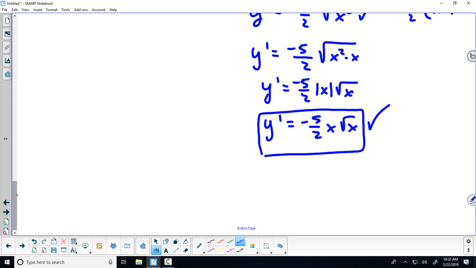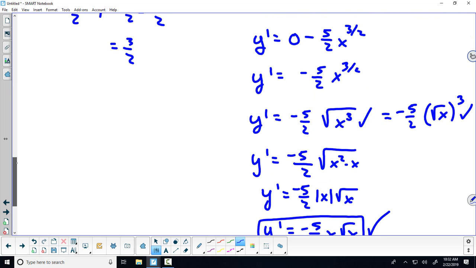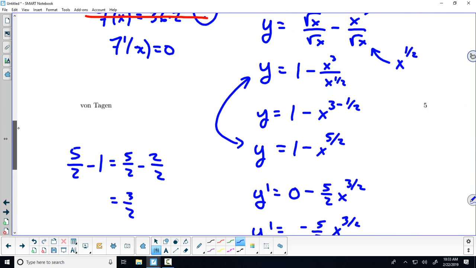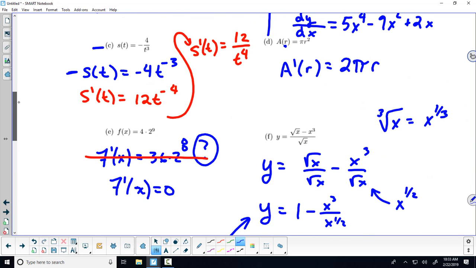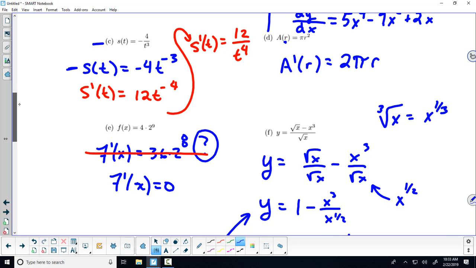Like I said, I'm perfectly fine with this. So I don't require you to always simplify as much as MyMathLab will. But there are some things I ask you to do. If you're given a problem with radicals, then if your answer has fractional exponents, it should have radicals in it. If you're given a problem with no negative exponents, then you shouldn't have a negative exponent as your answer.